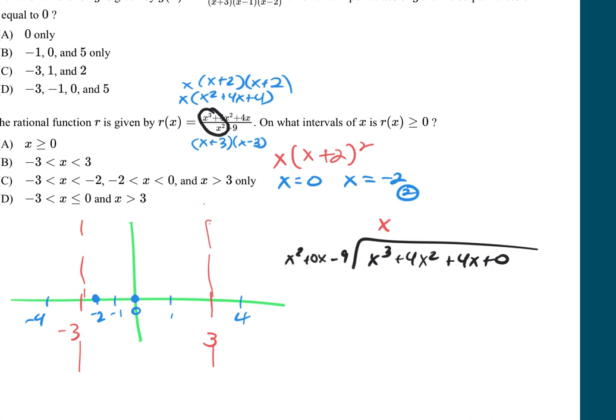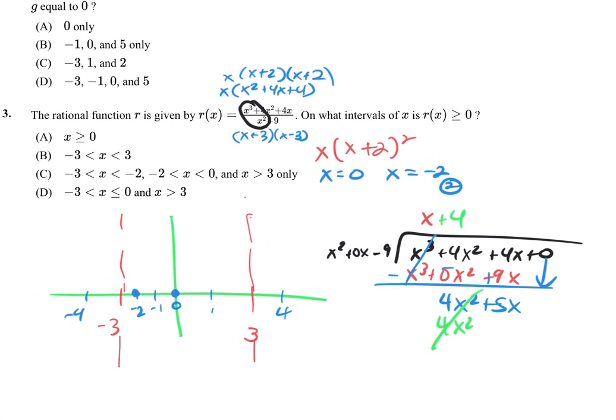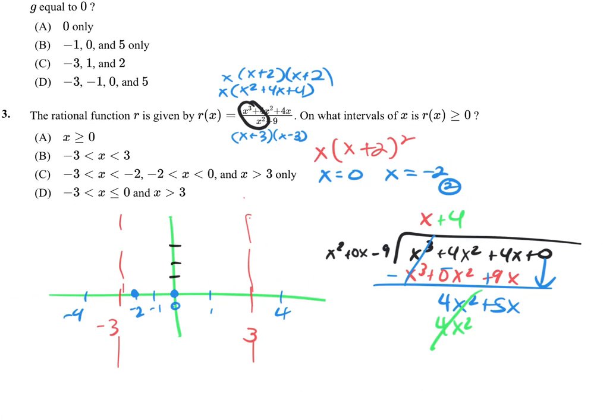So I'd have to multiply by x. Plus 4. The rest doesn't even matter. So now I know I have a slant asymptote that's happening here.